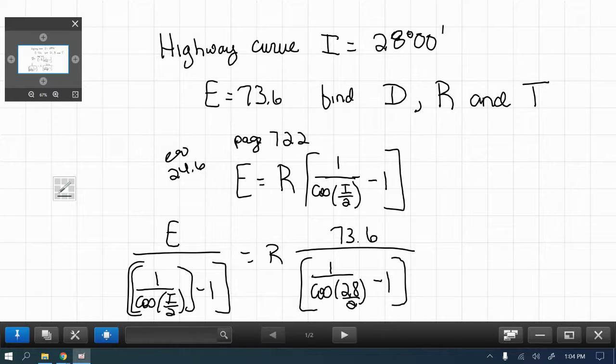Let's say 1 divided by the cosine of 28 divided by 2. And then minus 1 from that answer.